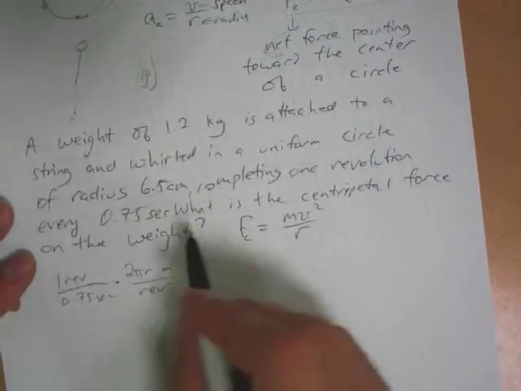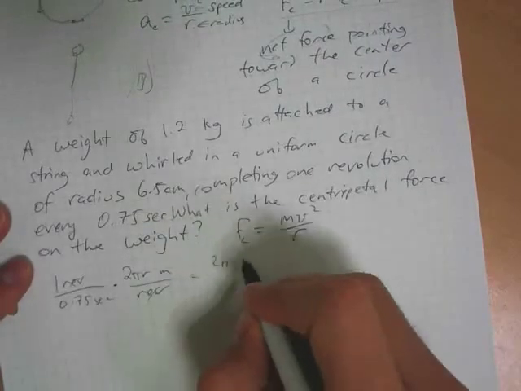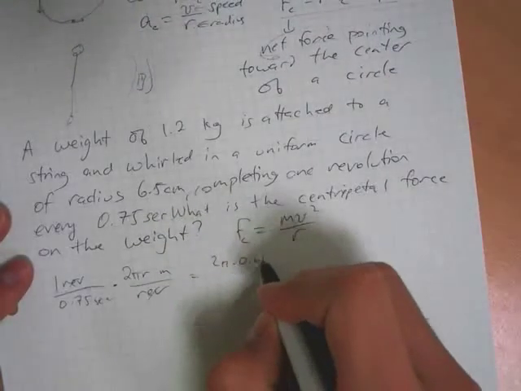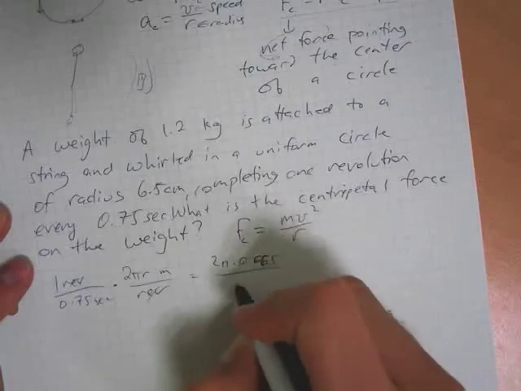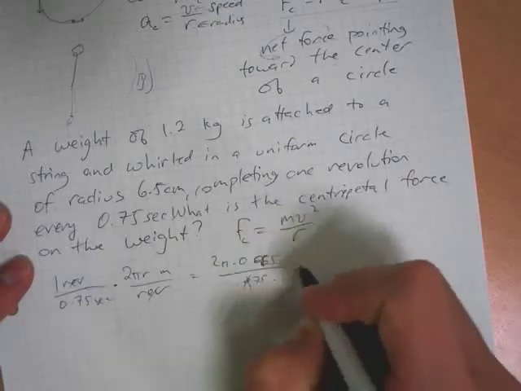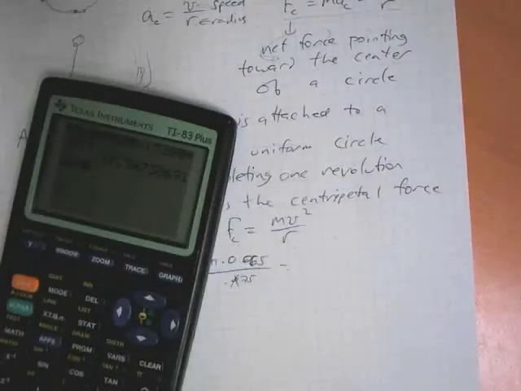So that's 2 pi times 0.065, sorry, over 0.75, not 0.075, goodness. So that's about equal to 128, what?